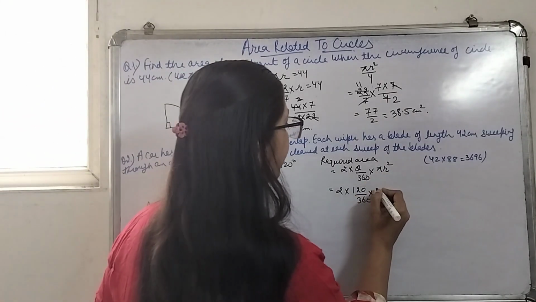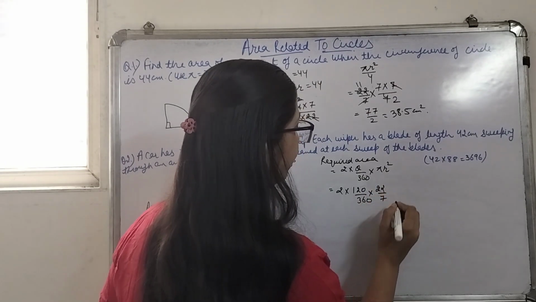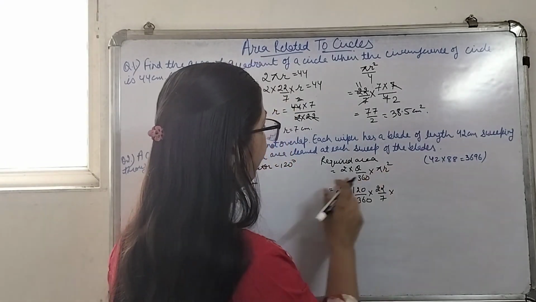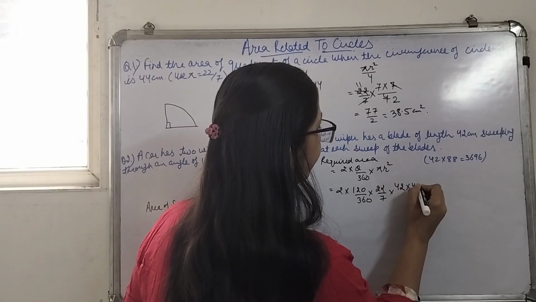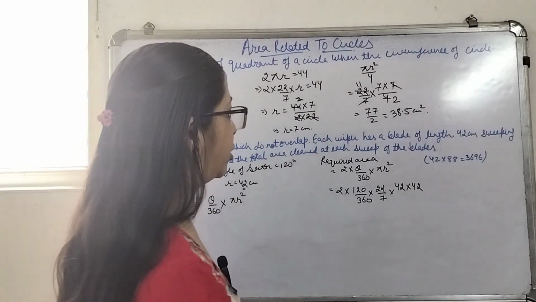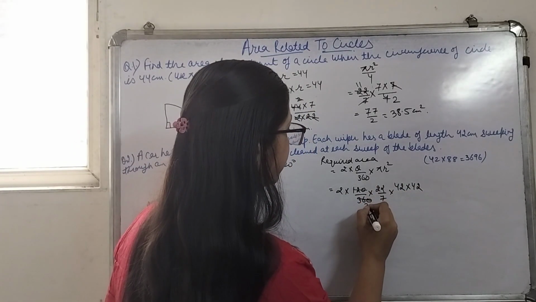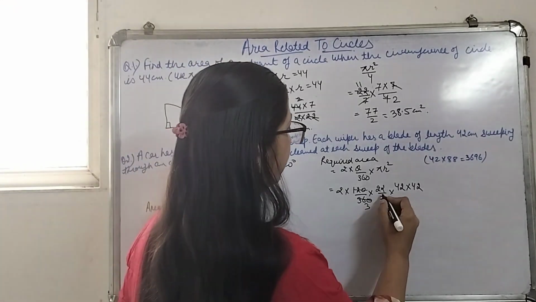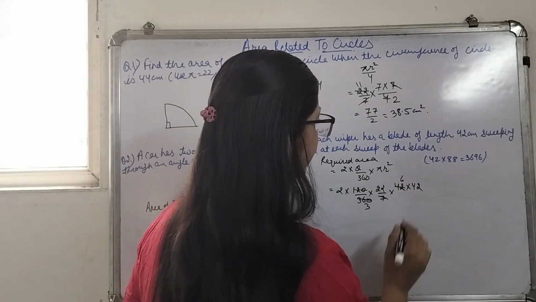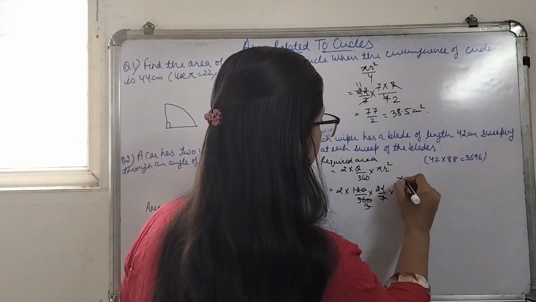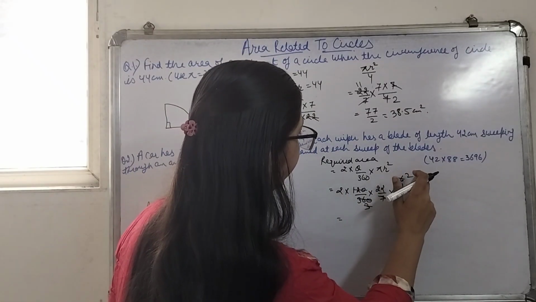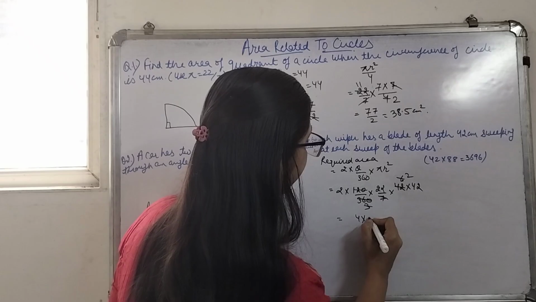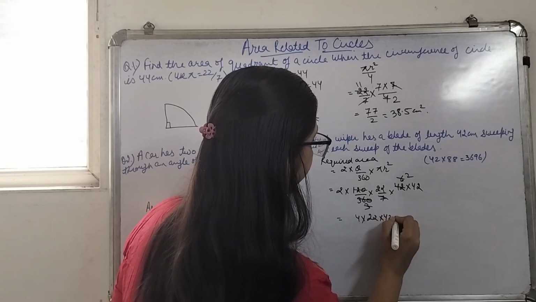Pi we can take as 22 by 7 if it is not mentioned. And the value of r is 42. So r square means 42 multiplied by 42. Now if we solve it further, 12 3s are 36, so it will be 3 times. 7 6s are 42, 3 2 times. So what remains is 2 multiplied by 2, that is 4 multiplied by 22 multiplied by 42.